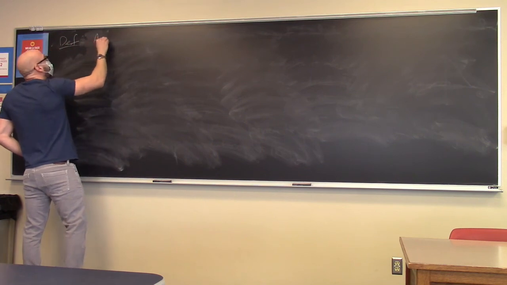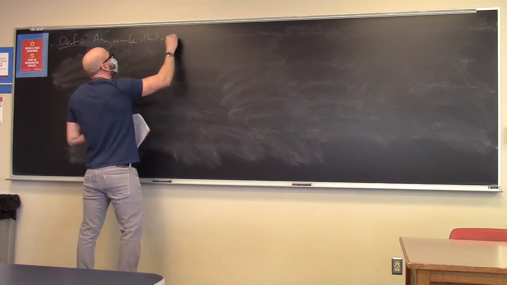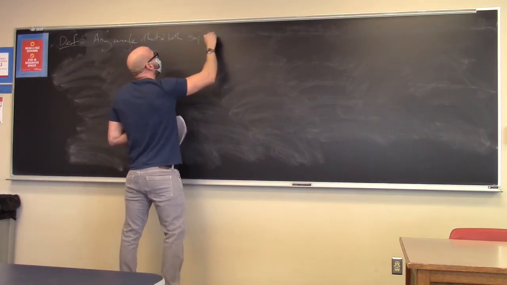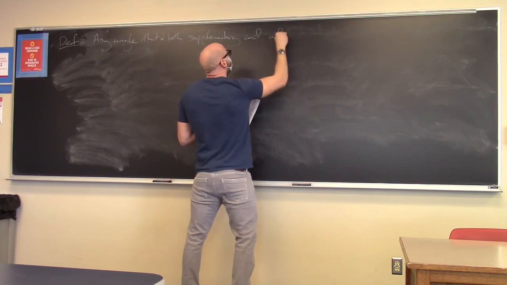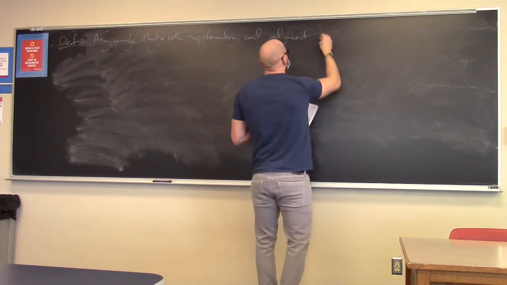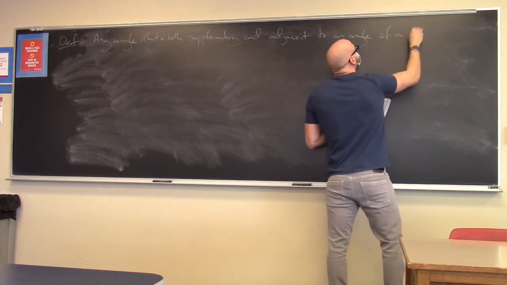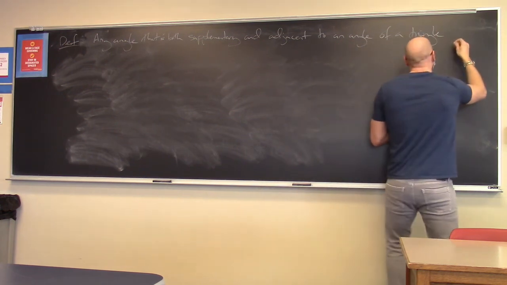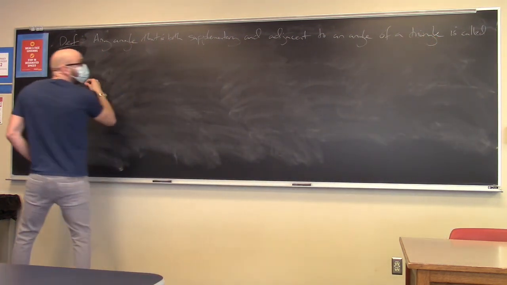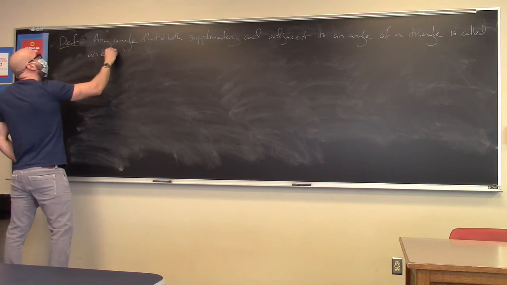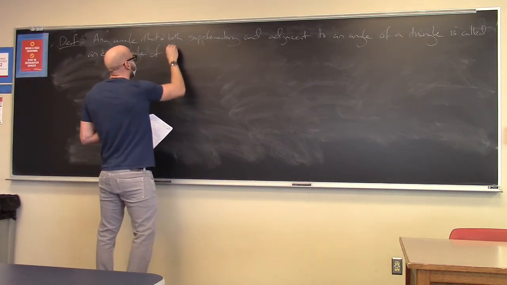So, any angle that is both supplementary and adjacent to an angle of a triangle is called an exterior angle of the triangle.